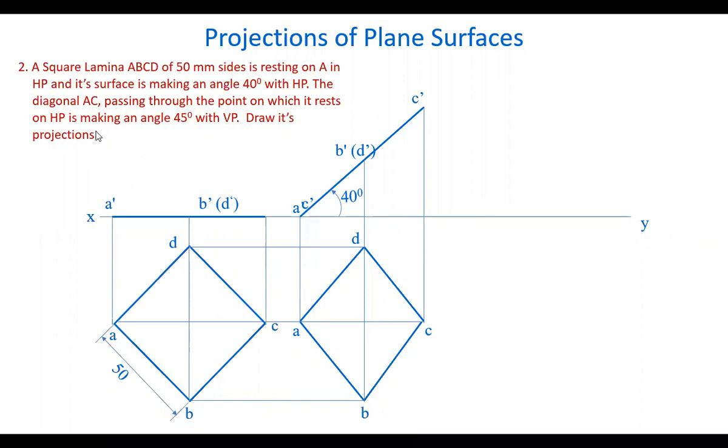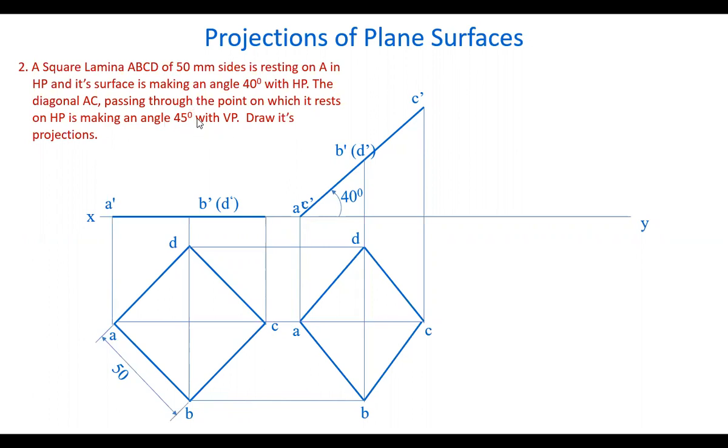But here it is given as the AC, passing through the point on which it rests on the HP. The point on which it is resting is A, so the diagonal passing through this point is AC. AC is making its actual inclination, true inclination.